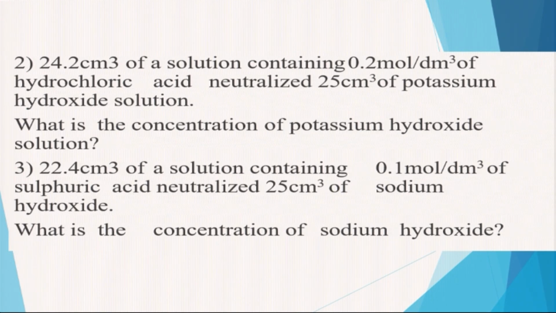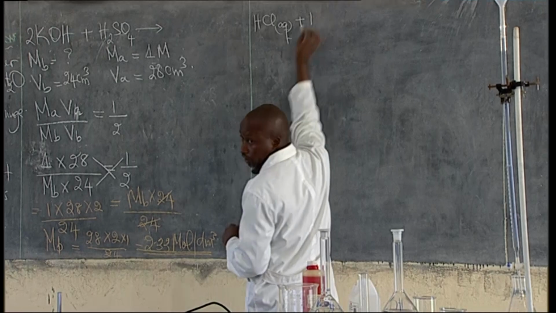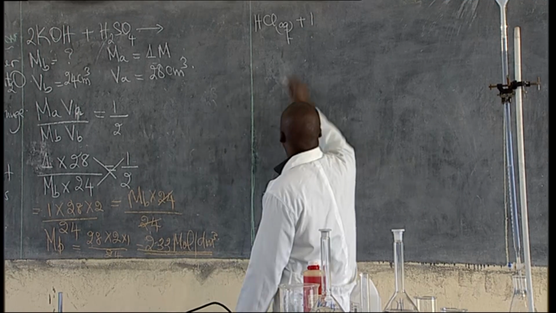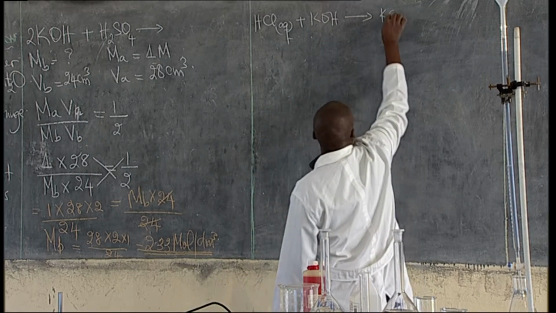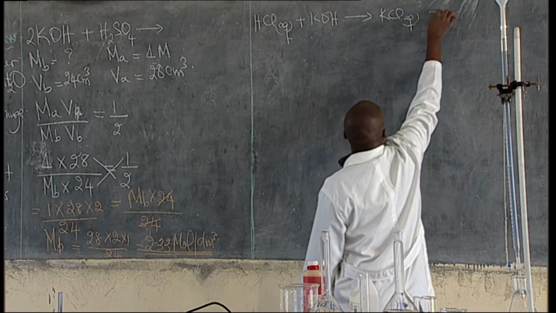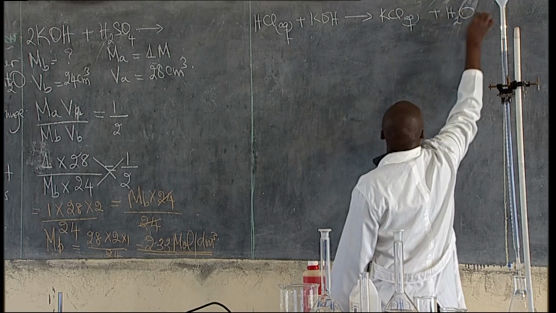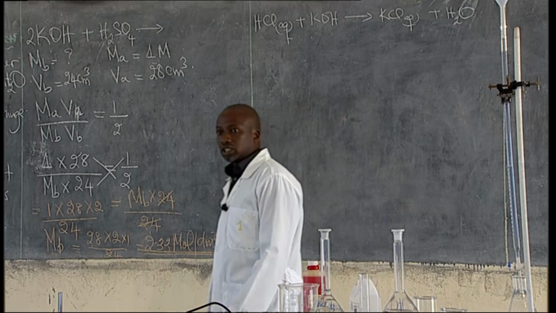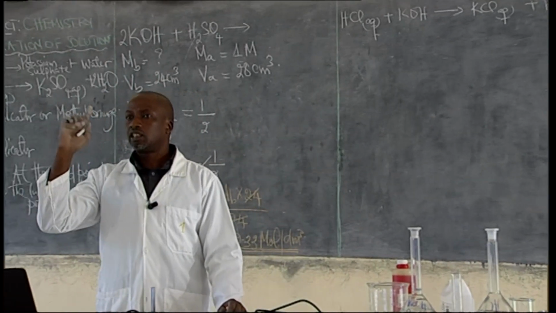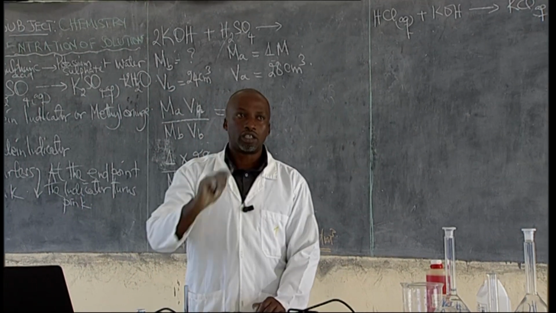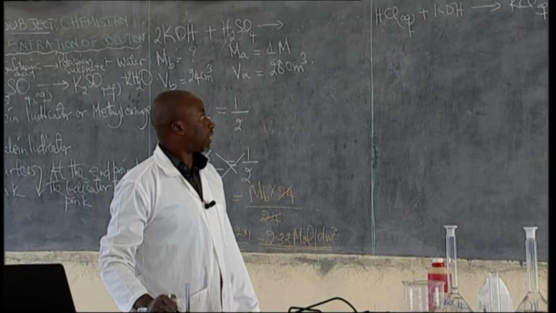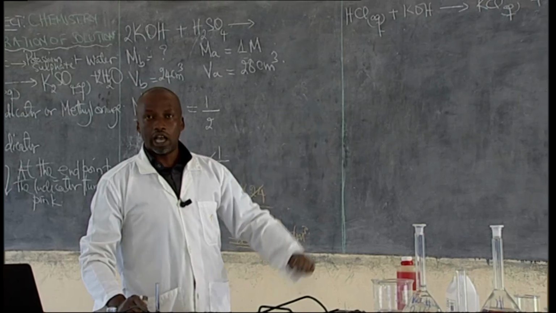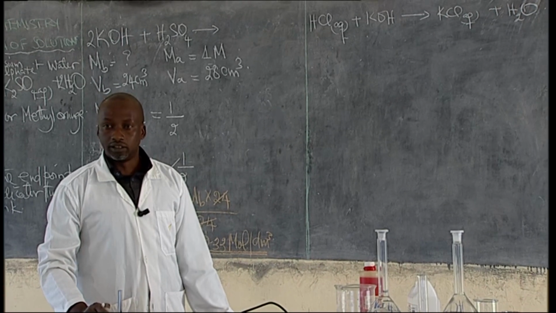Remember I said you need to write the equation first. It is reacting with potassium hydroxide. This will give potassium chloride plus water. That is a neutralization reaction. Is it balanced? That is the first thing that you should always note. Yes, the equation is balanced.